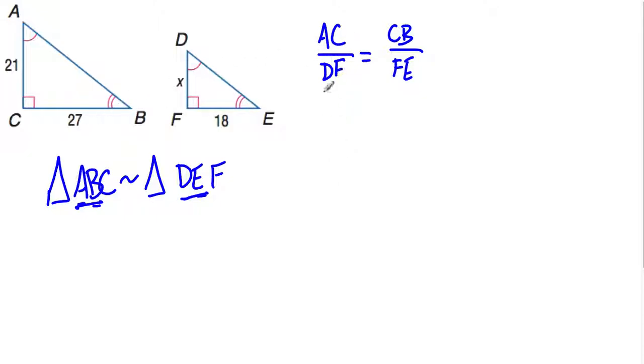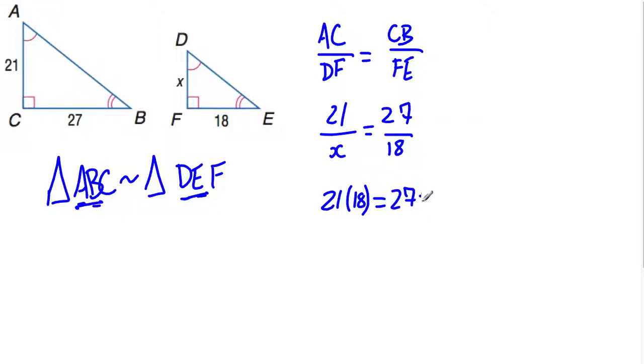Setting up this proportion, I fill in the blanks. AC is 21, DF is X, and that's going to be equal to CB, which is 27, and that's going to be over FE, which is 18. So then to find the answer, all you have to do is cross multiply. So 21 times 18 is equal to 27x. And then you can multiply, divide, whatever you need to do.